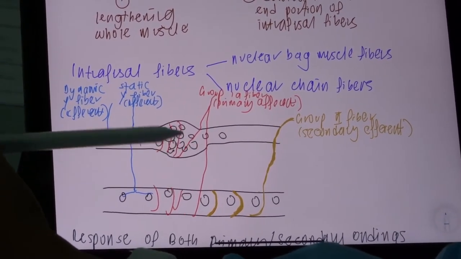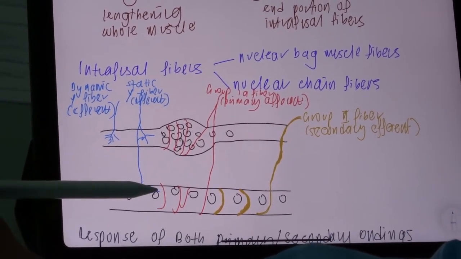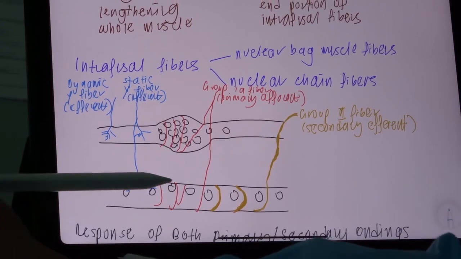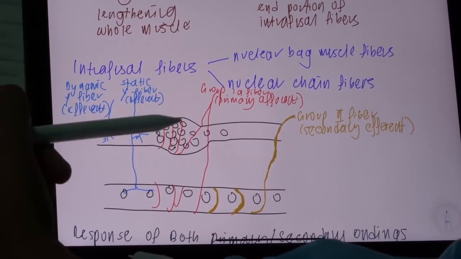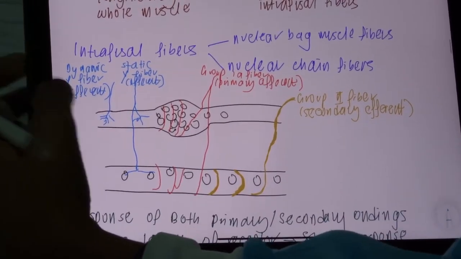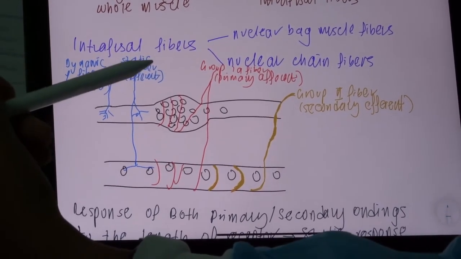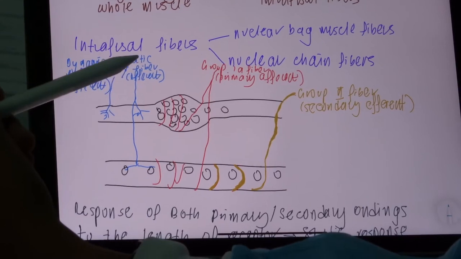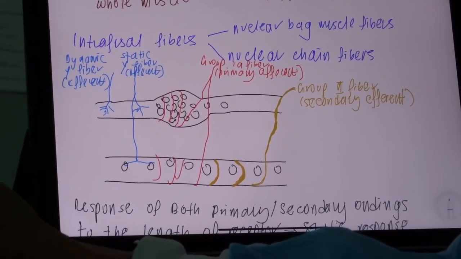The nuclei are inside the bag, while in the chain they are in the same row. They have the dynamic gamma fiber and also the static gamma fiber. This is the static and this is the dynamic.